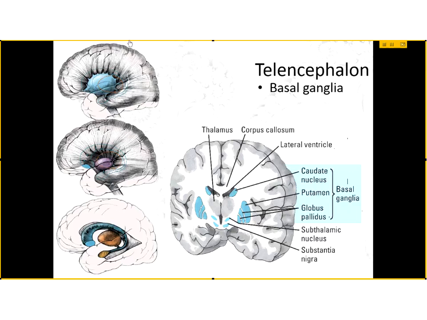You can see that coming off of the putamen are these little fingers. If we were to snip each one of those little fingers, here, here, here, then the putamen would fall away, and inside of it we'd have the globus pallidus. The globus pallidus is also part of the basal ganglia and important for memory.